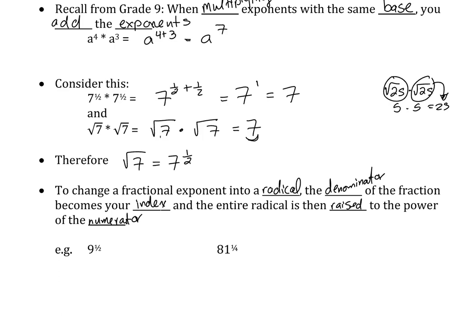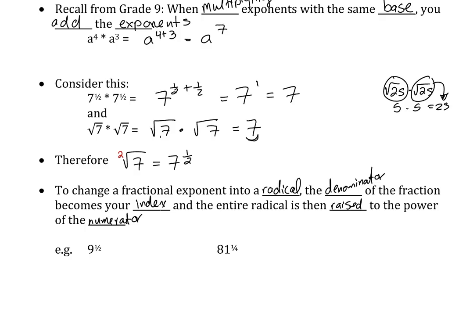And I just want to remind us, there is an implied 2 right here, the implied index of 2. We just don't write it because it's the most common one and we see it all the time. If you just see that radical sign, it's 2.